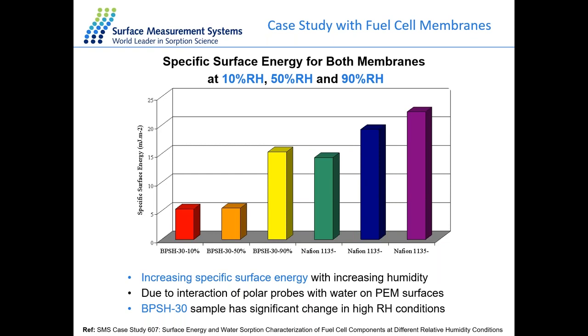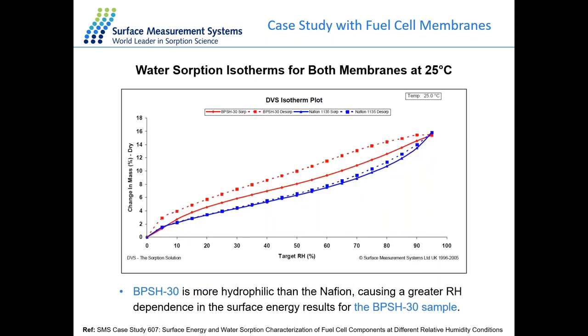We also applied the DVS method to measure the water sorption isotherms for both samples. It shows both samples absorb significantly more water as the humidity increases. For example, at 90% RH, the water uptake for both samples is around a 13% change in mass. The relatively high mass increase indicates the water uptake is dominated by bulk sorption into the structure of the material.